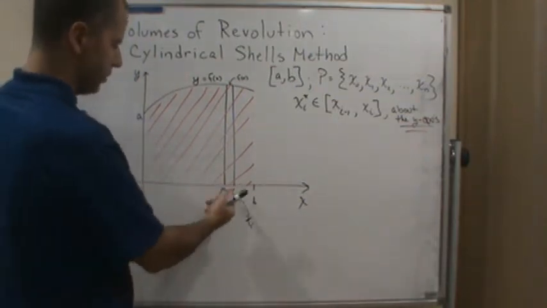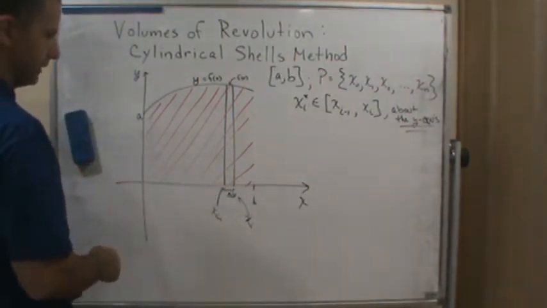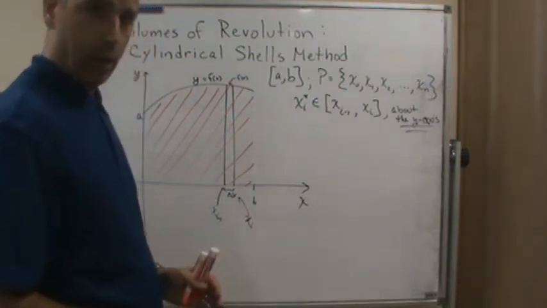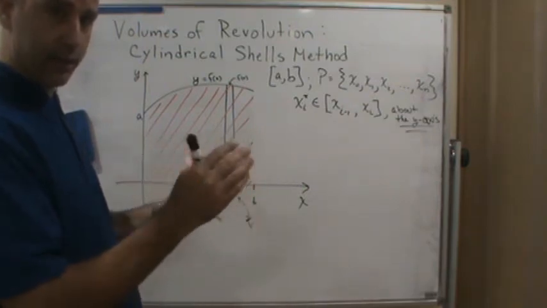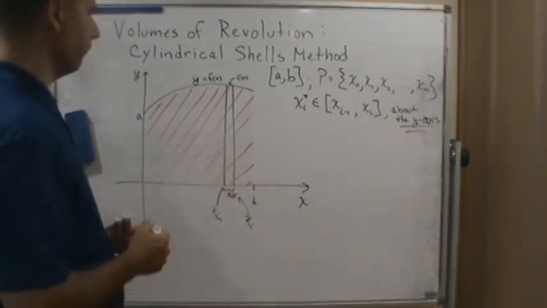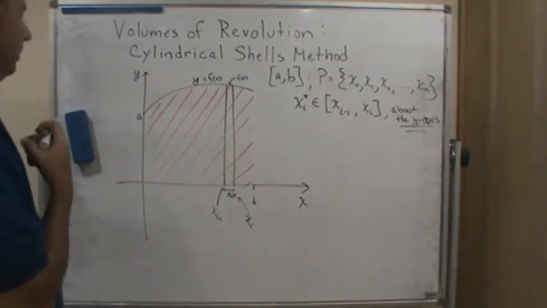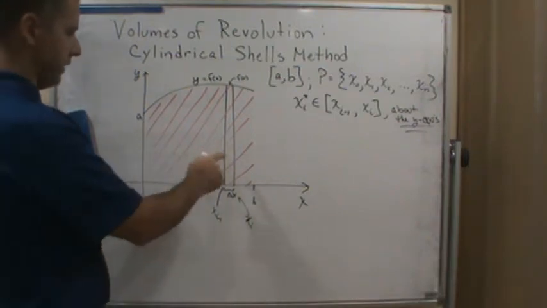If I take this rectangle and rotate it around the y-axis, I'm going to get a cylinder, like a shell of a cylinder. So how would I get the volume of this cylinder?